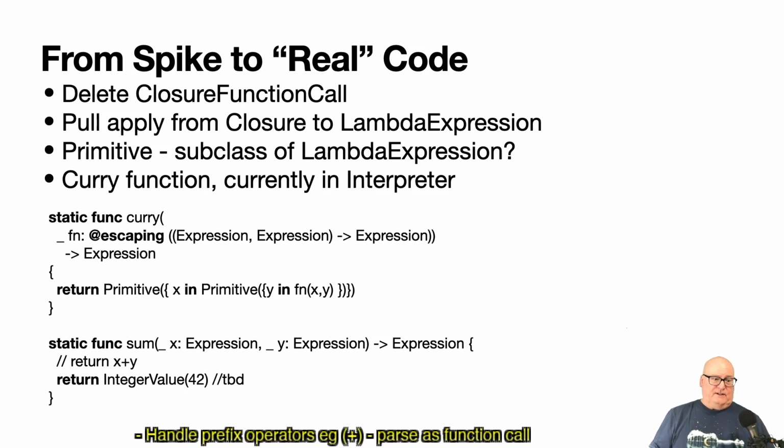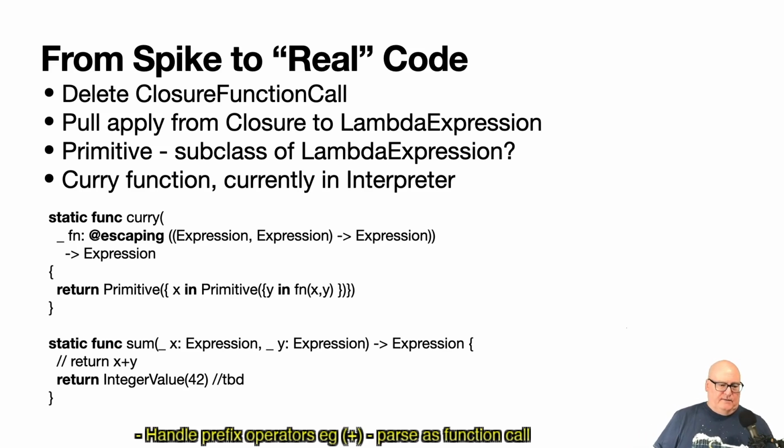So a curry function, you can write one of these. It turns a function of multiple arguments into a function of 1 argument. Now in our case, we're kind of moving between domains. So our expression domain is where our results are, like integer values and float values. And our primitives, which are functions, are also going to be in that domain as expressions, like lambda expressions.